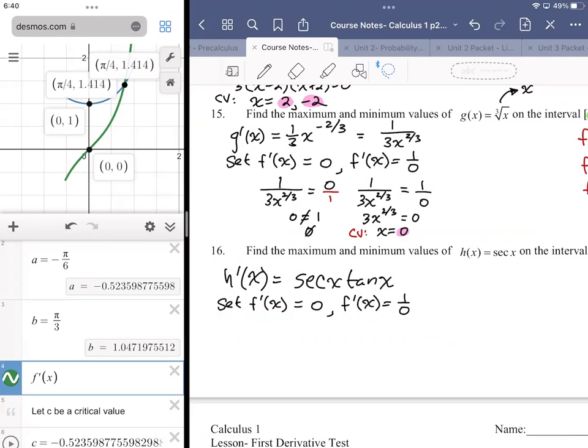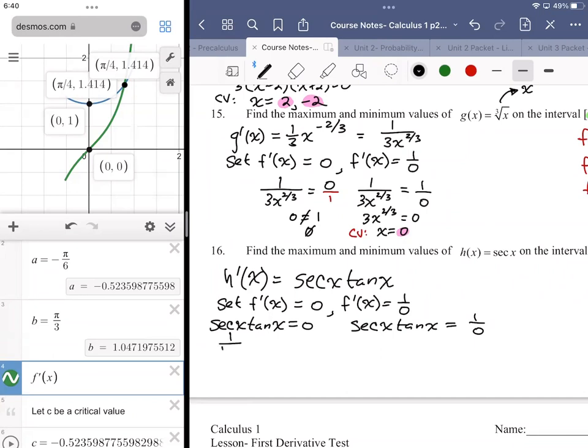All right, so I need to set my derivative function equal to 0: secant of x tangent of x is equal to 0, and secant of x tangent of x is equal to 1 over 0. Something you may want to consider, unless you're an expert at working in terms of secants and tangents, is to kick this over in terms of sines and cosines.